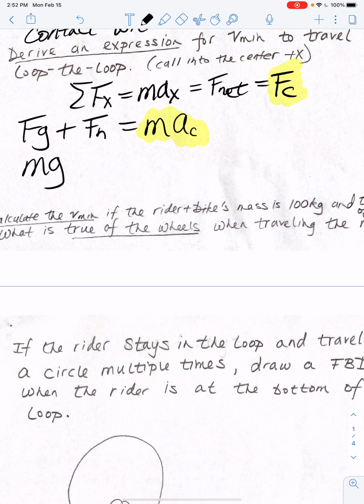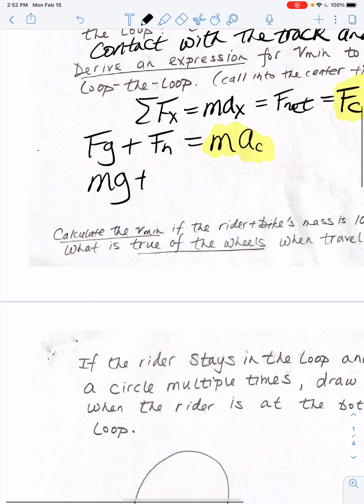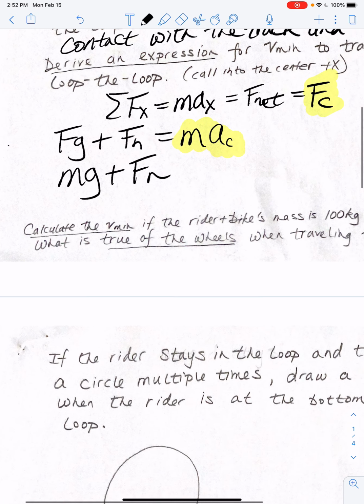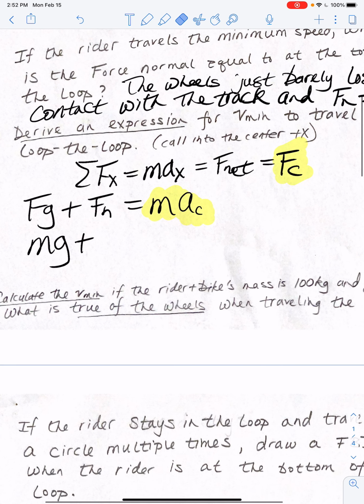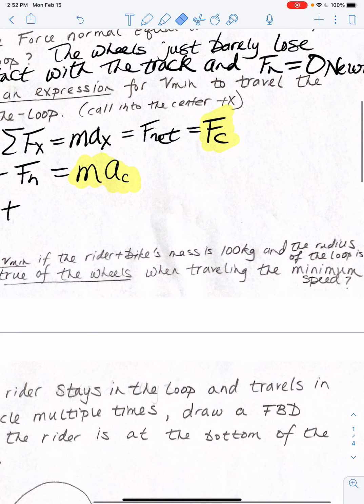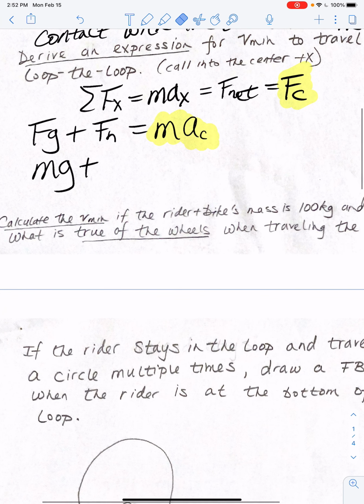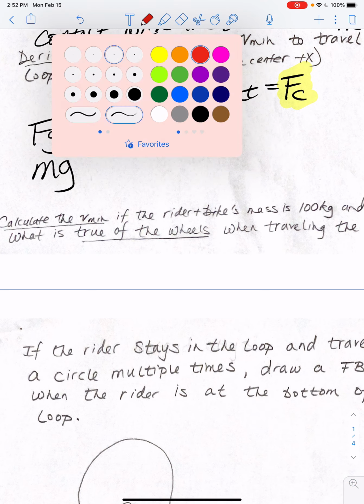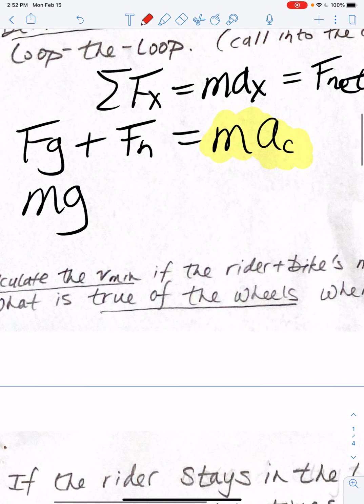Fg is mg. Fn, we know Fn, right? And I shouldn't even have written it. What is it? Well, we said the wheels just barely lose contact with the track, and Fn is 0. So therefore, we can actually get rid of this plus sign here and just cross off Fn here, right? Because it's going to be 0.